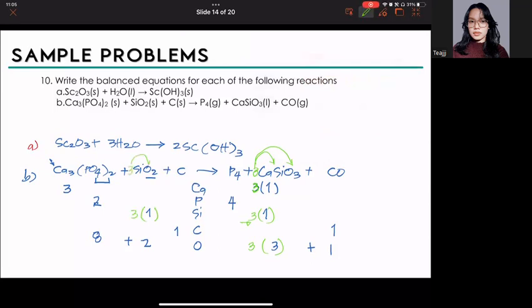And, maapektuhan yung isang oxygen, yung O2. So, ito yung mamumultiply ng 3 din. Right? So, balance na yung calcium, balance na yung silicon. Now, our oxygen is currently 6 plus 8. So, that's 14. And then on the right side, you have 10. Ano pa yung hindi natin na-balance?